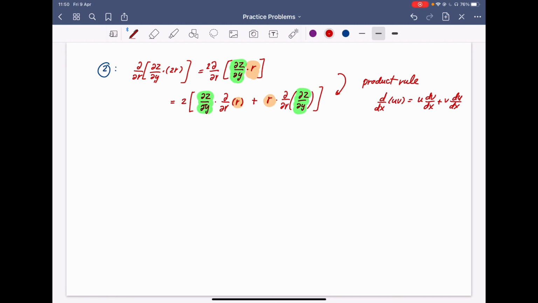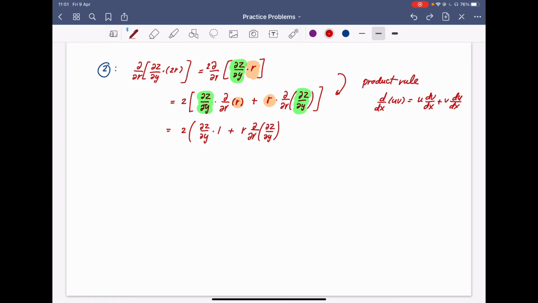Alright, so let's simplify a little bit more. So you have 2 times curl C by curl Y. Differentiate R with respect to R, here you get 1. And then plus R, and then that term is a little bit tough, the last term.